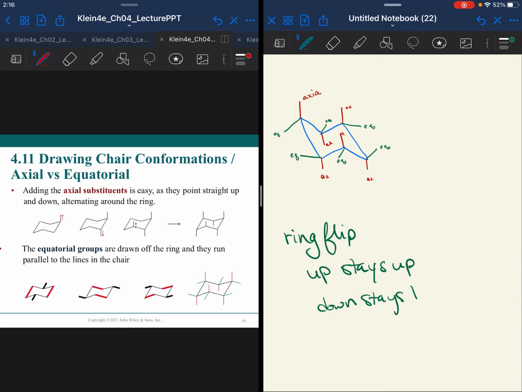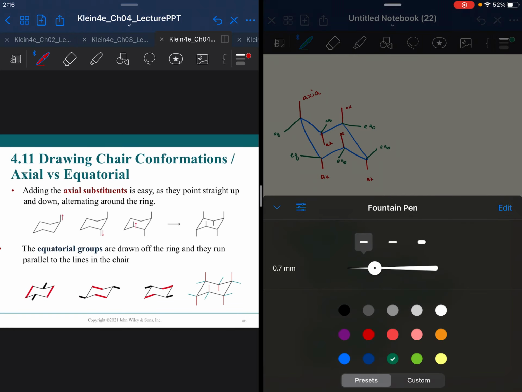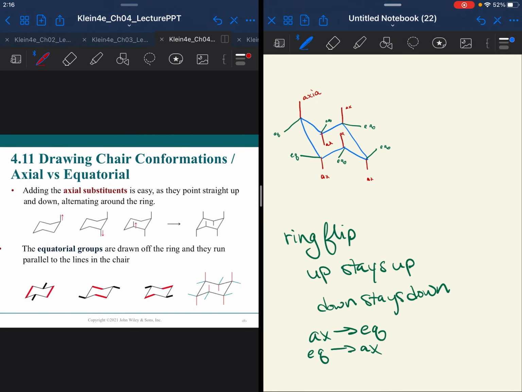Down stays down. What changes is axial and equatorial. Axial goes to equatorial. Equatorial goes axial. So if I redraw my ring, right, so I had my parallel lines going up to the right, so now I'm going to draw them up to the left. Headrest becomes footrest, footrest becomes headrest.